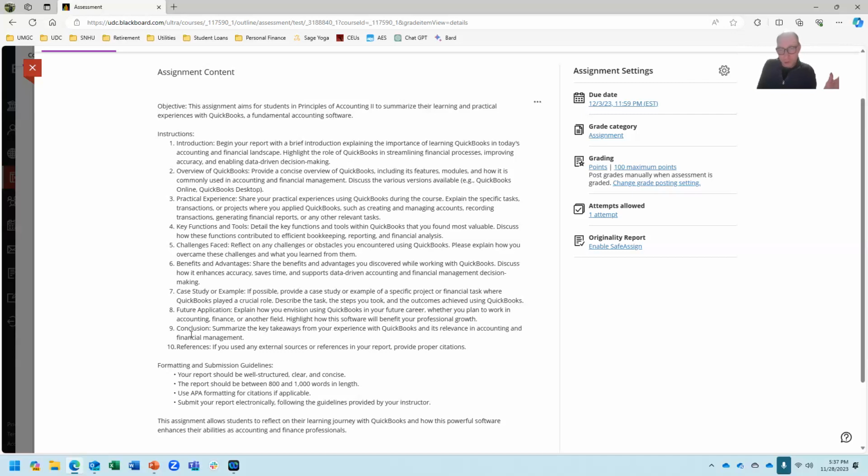All of you probably won't use QuickBooks in the future, okay? Some of you might. If you start your own business, or go into another business where you're a manager, you'll probably use QuickBooks or something like it. So number 7 or number 8 might be a bit of a challenge.